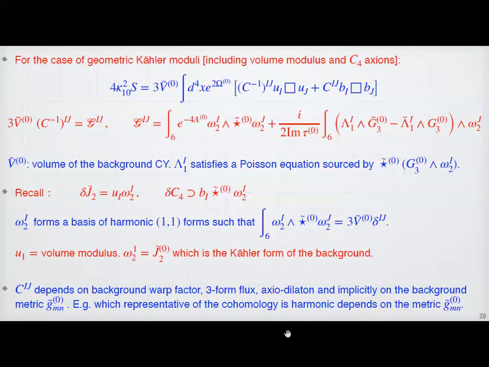So in a sense, we got a moduli space metric which looks like a quadratic action. It's a quadratic action, but we need the moduli dependence.